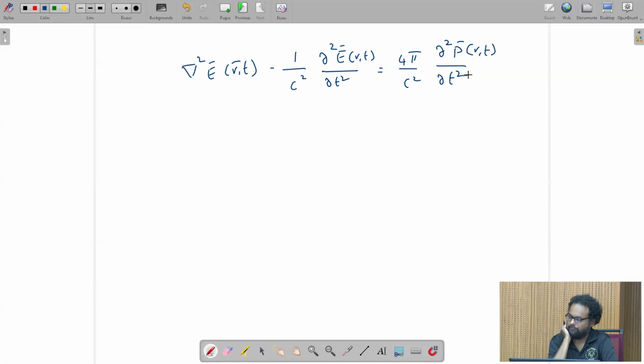So of course, if I assume plane wave-like solutions for electric field, I can also consider plane wave-like solutions for polarization. So polarization, I can write as some amplitude times exponential i.